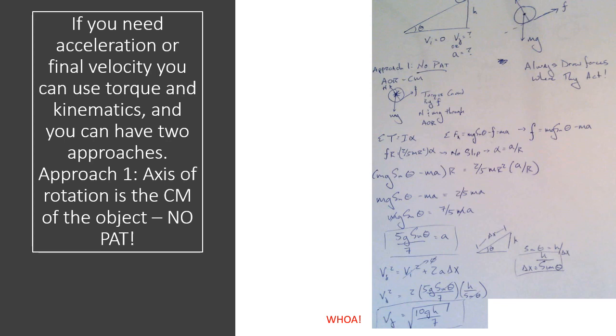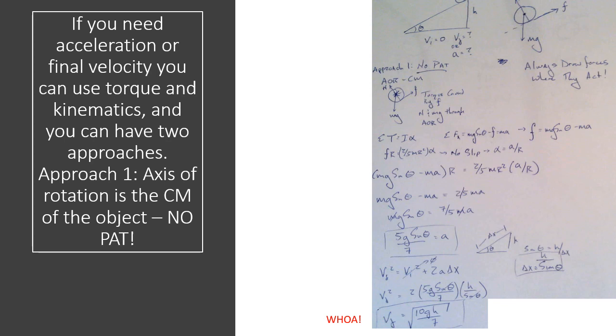Now, let's say I want to find the velocity using kinematics. Well, it's on a ramp, and so I know the height of the ramp is h, and I know that the angle is theta. So I use sine of theta is h over delta x, which is the distance, because remember, linearly we've rotated that ramp, and delta x is the hypotenuse. That's the distance that we're actually traveling down. And then I get that delta x is h over sine of theta. And then I come back to my kinematic equation, vf squared is equal to vi squared plus 2a delta x, and I start plugging things in.